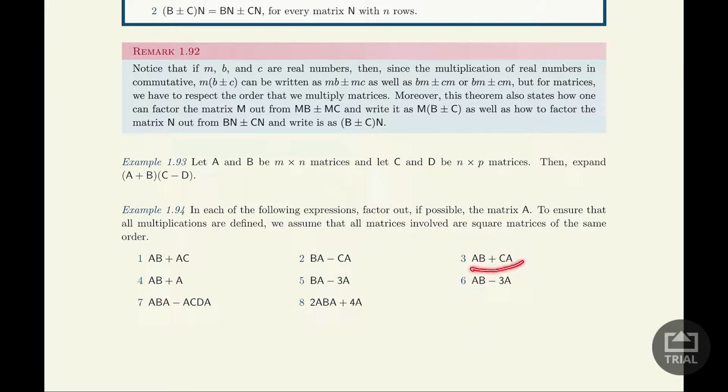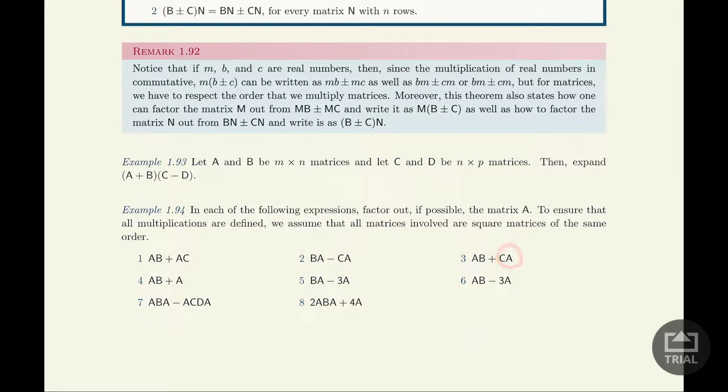For example, about this, can I factor something out? No. So this is important. If they are numbers, if I have AB plus CA, of course I can factor it out. I can factor A out and write B plus C. For numbers, it is possible. But for matrices, it is not possible unless you have a good reason that these two matrices commute.